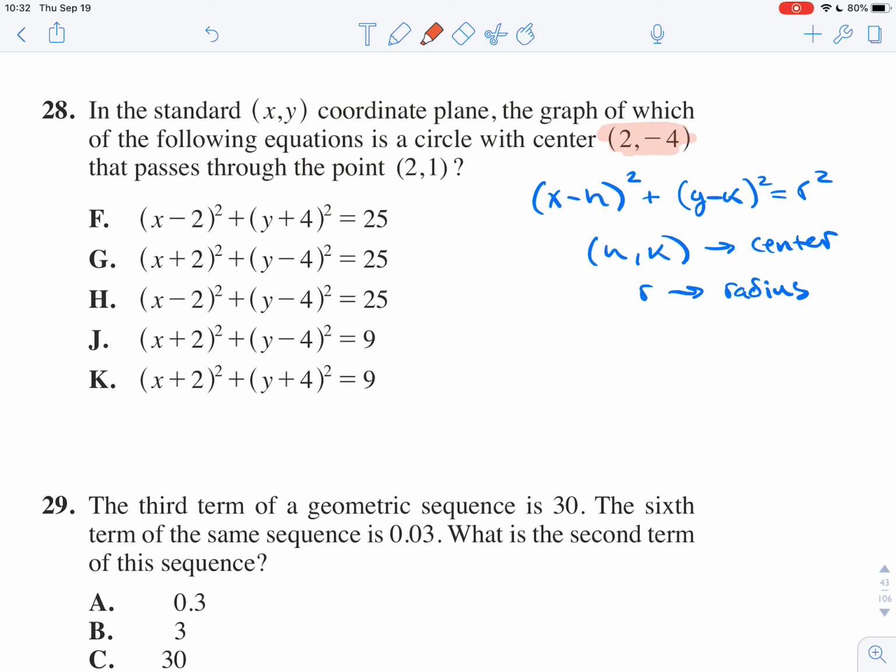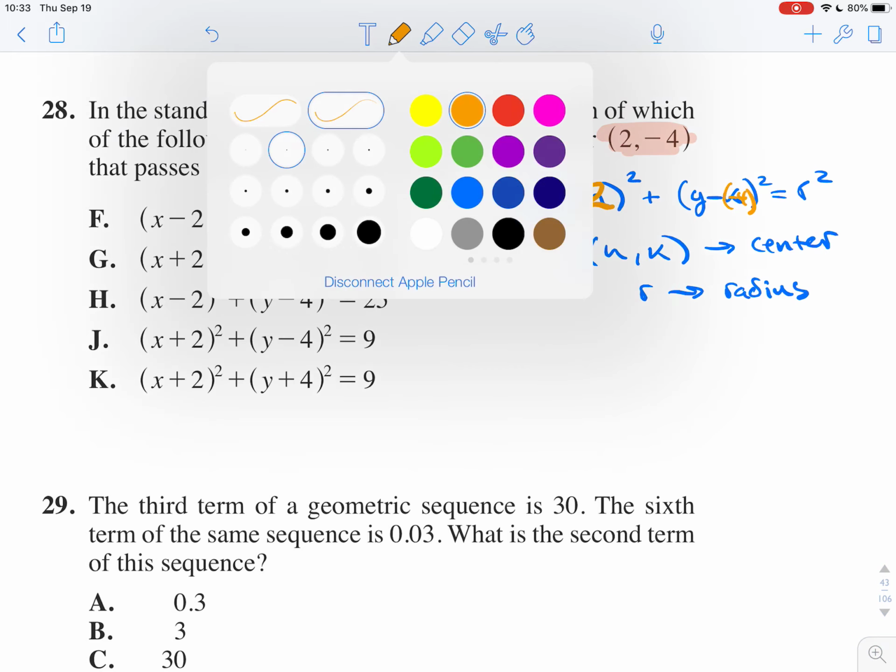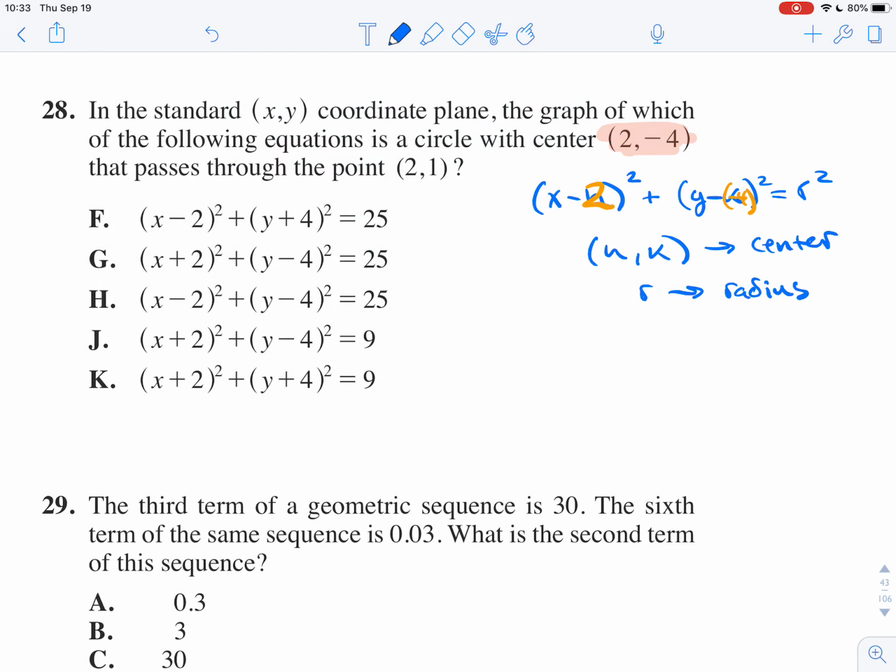So if we replace those values here, this h is going to be a positive 2, and then this k is going to be a -4. So that one is a little bit trickier because we just got to reverse the sign, but ultimately it should look like x minus 2 plus, I'll do this again so you can see it, y minus -4 squared equals r squared.